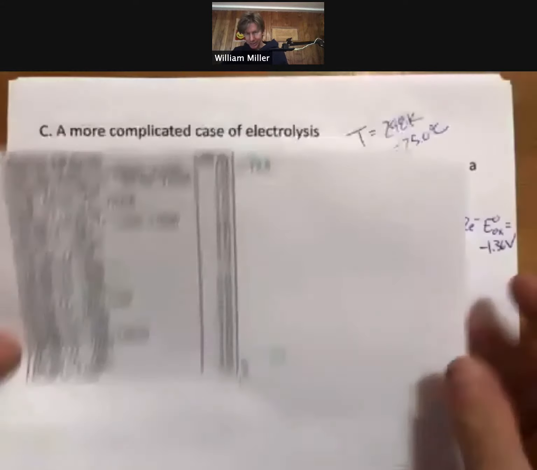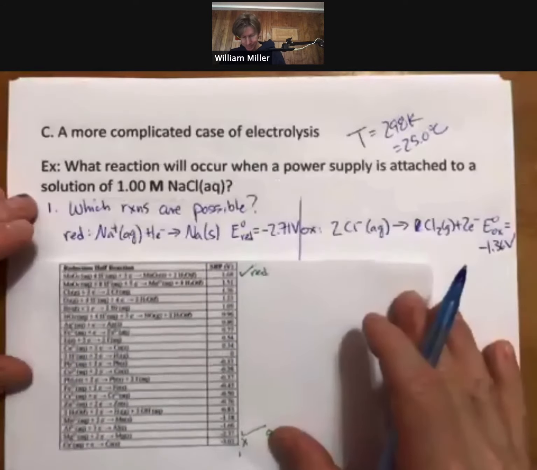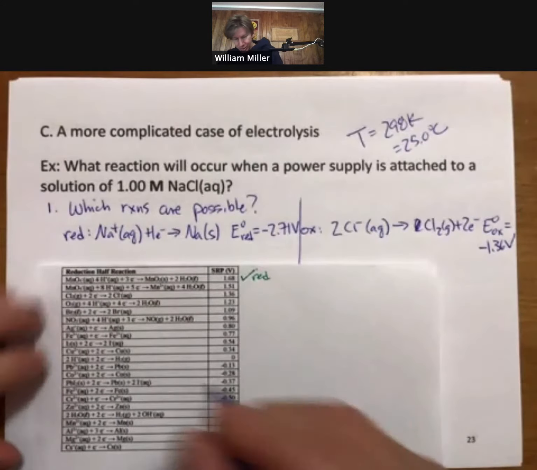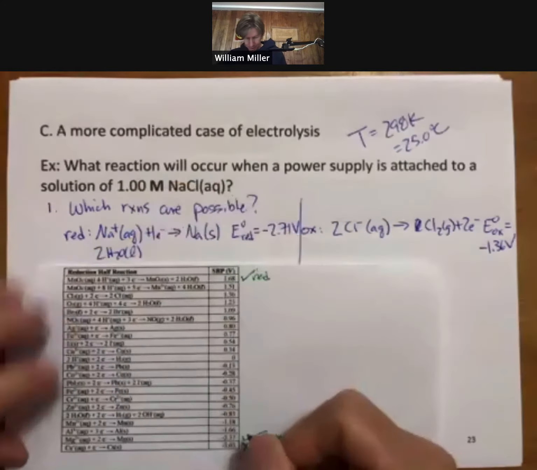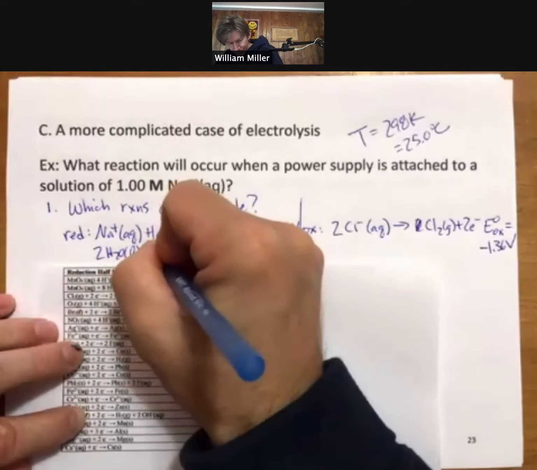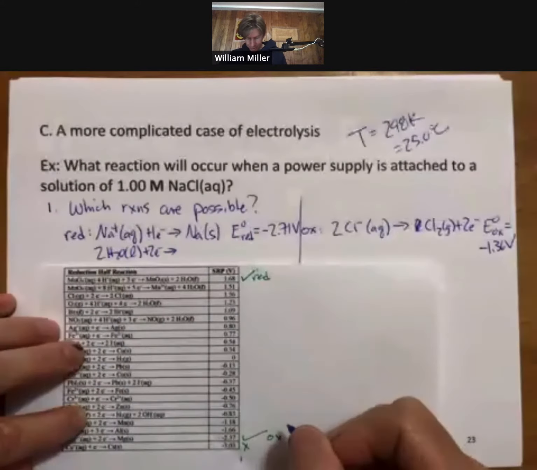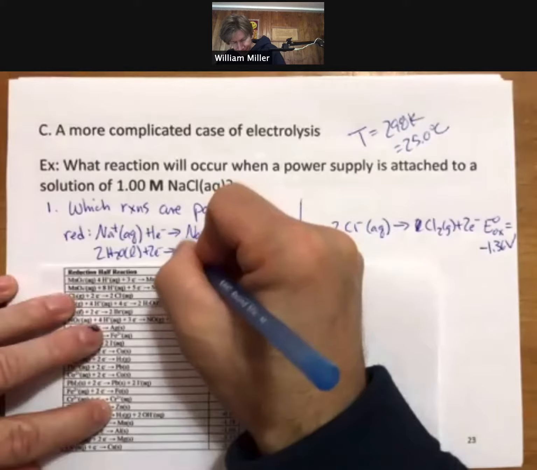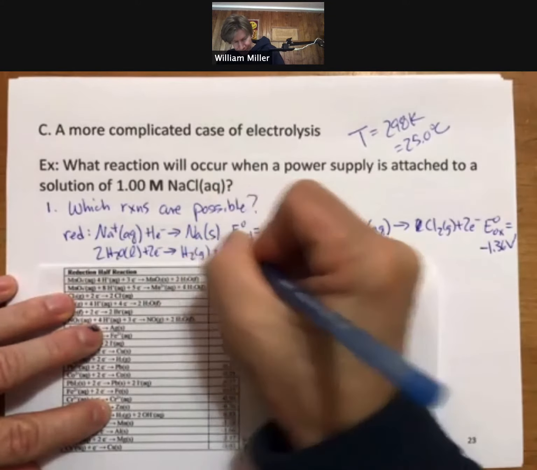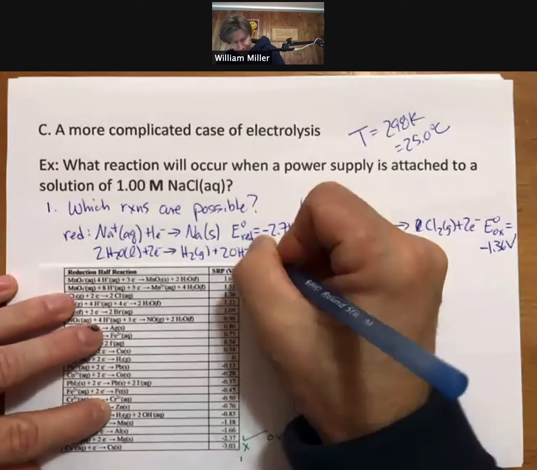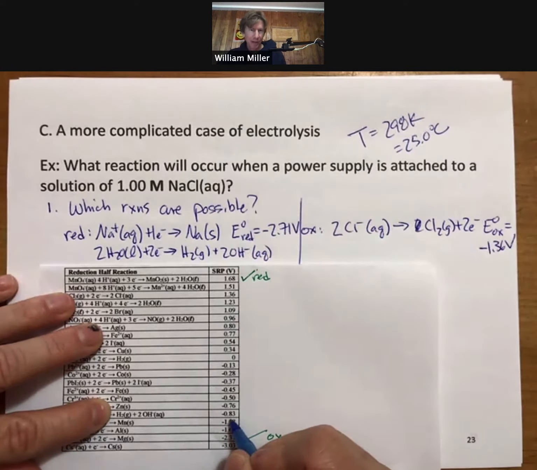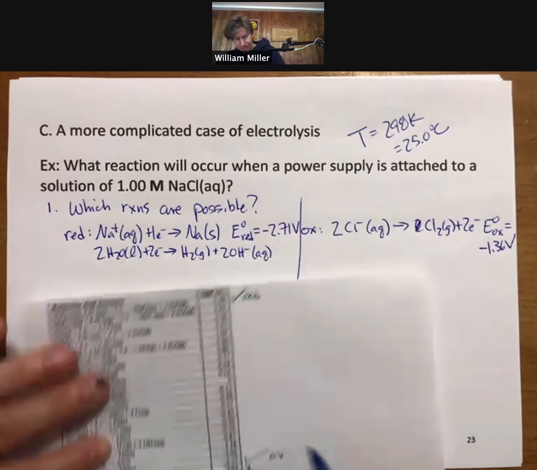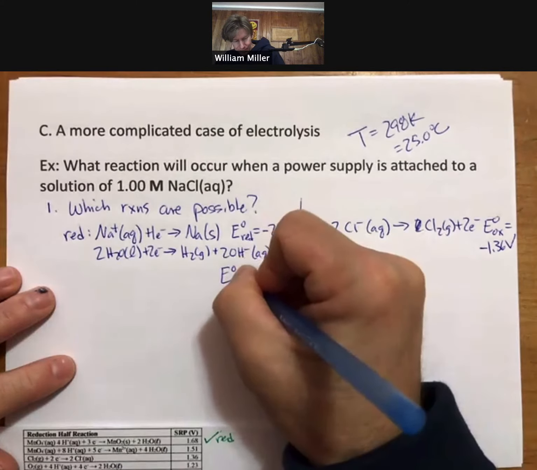So that's going to be 2 H2O liquid plus 2 electrons goes to H2 gas plus 2 hydroxides. And its cell potential will be minus 0.83 volts for reduction.